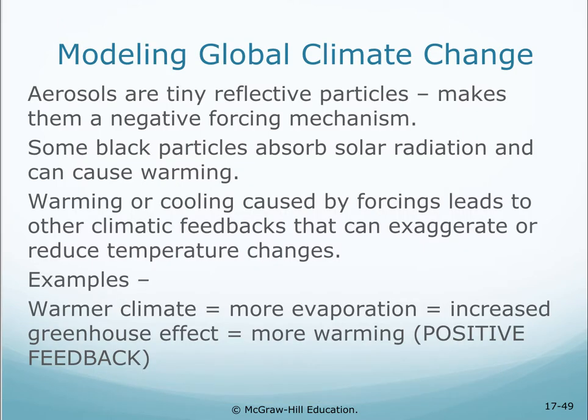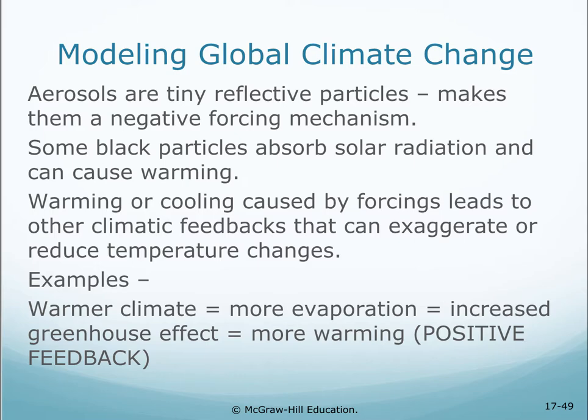Aerosols are tiny reflective particles. It makes them a negative forcing mechanism. Some black particles absorb solar radiation and can cause warming. Warming or cooling caused by forcings leads to other climatic feedbacks that can exaggerate or reduce temperature changes. Example: warmer climate equals more evaporation, equals increased greenhouse feedback, equals more warming.